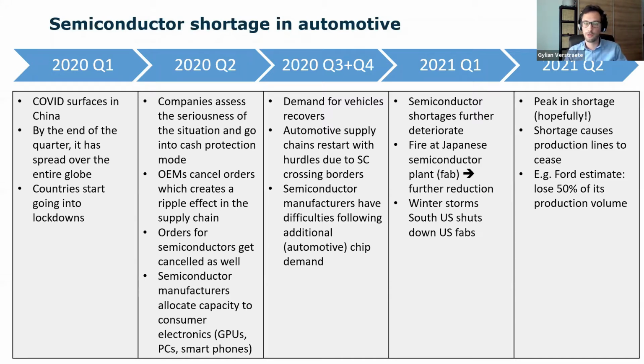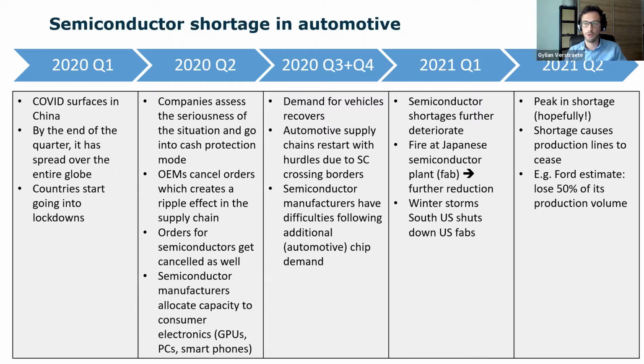There have also been winter storms in Texas, which is where a lot of the semiconductor capacity in the US is available. And in Q2, the expectation was that the biggest production restrictions related to that shortage were present.